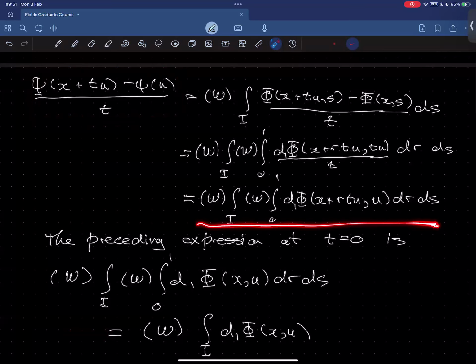So the question is, why can I take the limit as t goes to 0 inside the integral here to go from here to here? What property of the weak integral do we use to allow us to go from here to here in the limit as t goes to 0? It's obviously some continuity property. So it's continuity of the weak integral with respect to parameters here. And the parameter here is t.